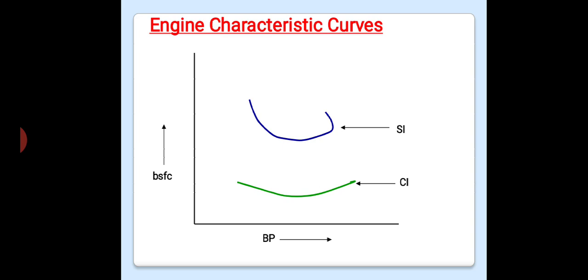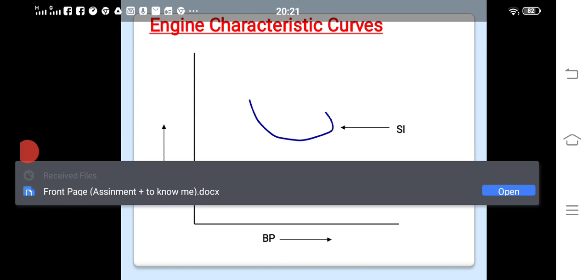Beyond full load, the curve starts forming a loop backward beyond point X, which we can see with the arrow of the SI engine showing the direction, where the output decreases but the fuel consumption increases. It is due to the fact that the mixture supplied to the engine is too rich and a lot of the mixture goes unburnt to the exhaust. Such a condition of the engine is called choking.